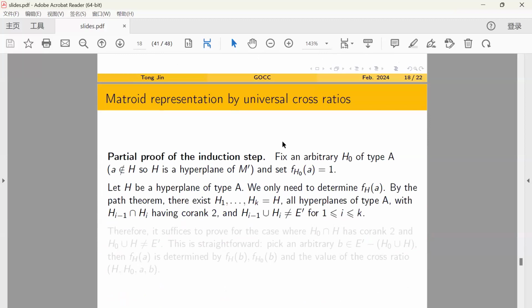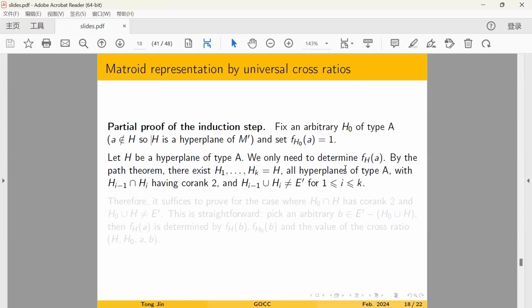We first fix an arbitrary H0 of type A. Let me recall that the hyperplanes of type A are such that A is not in H, so the hyperplane H is a hyperplane of both M and M prime. We first fix some initial point, and we set F_H0(A) to be 1. Now let's say we have some arbitrary other hyperplane of type A. Then we only need to determine F_H(A).